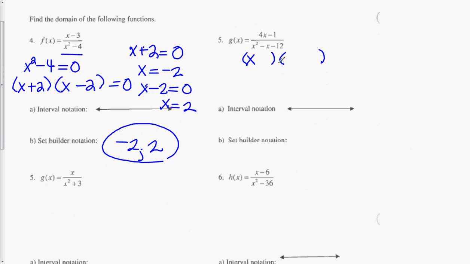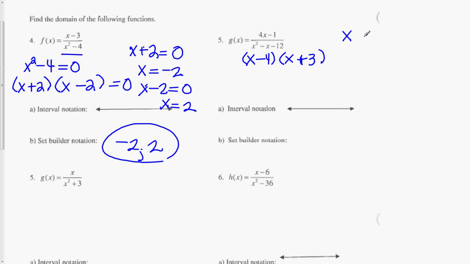The factors of -12 that add up to -1 would be -4 and +3. And there may come a time when I'm just looking at those two parentheses, and I can tell you what my two answers are before I even set those equal to 0. My two answers are going to be 4 and -3.